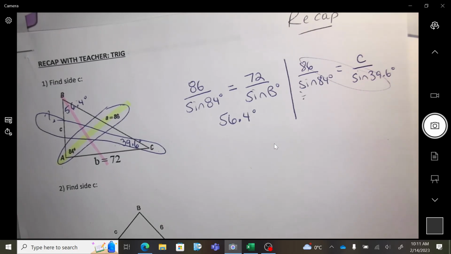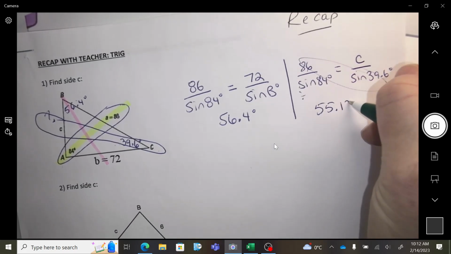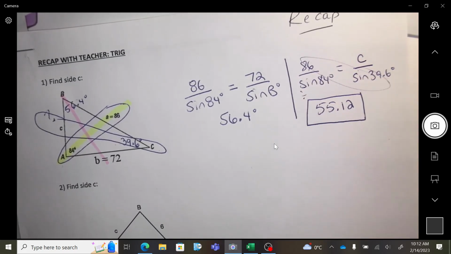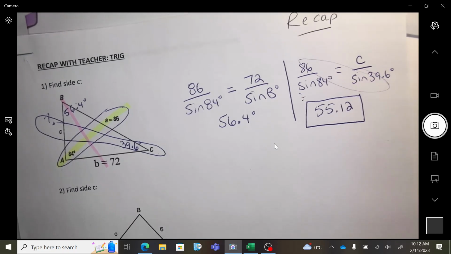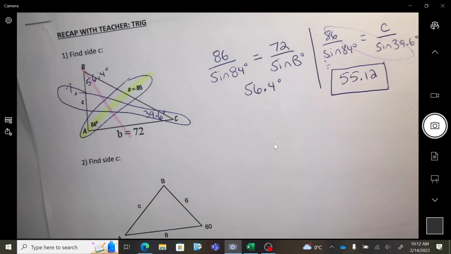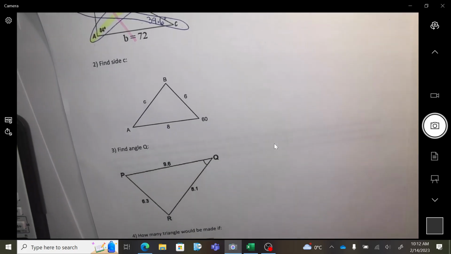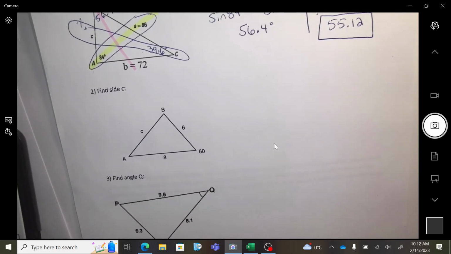It's not an angle. No inverse. Good, 55.12.